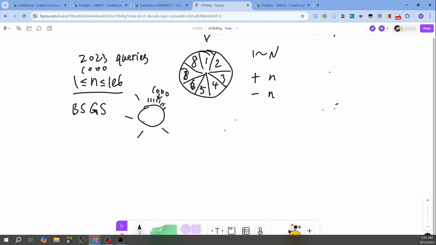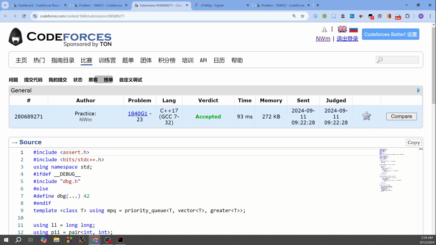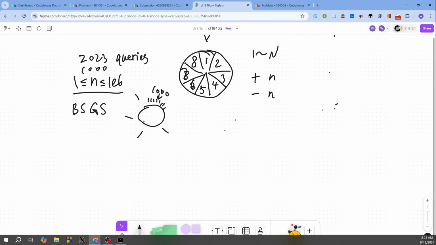Get accepted. So for the G2, we have the same logic there, except that we are limited to 1000 queries here. So we are still using the same BSGS step, trying to get a large range, but we divide this 1000 into 3 steps, each with, let's say, 333 steps.